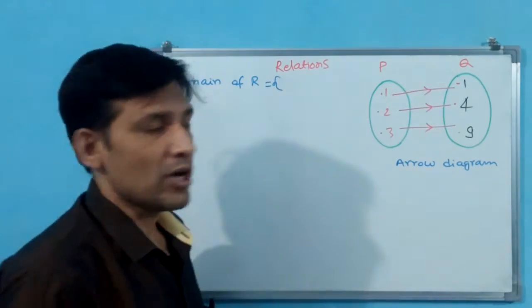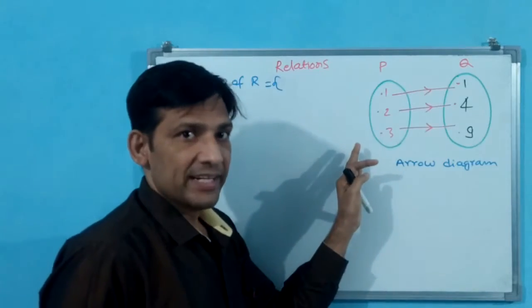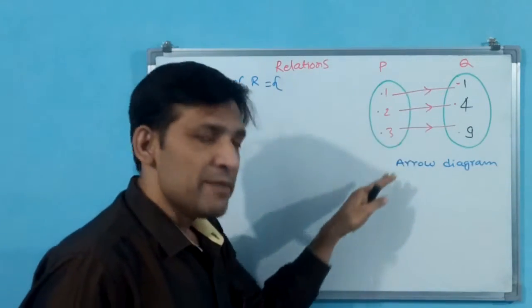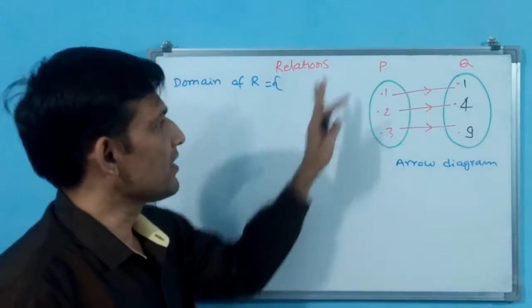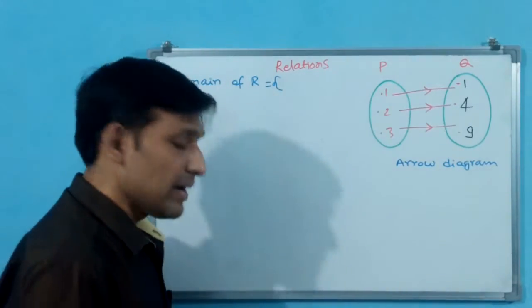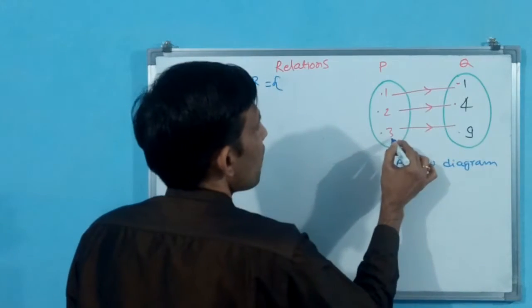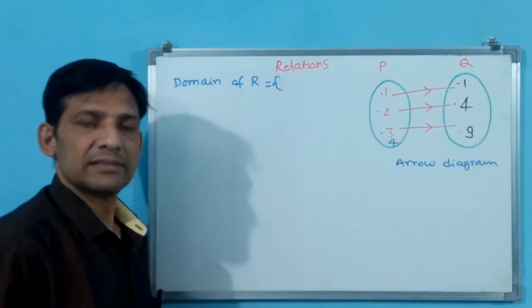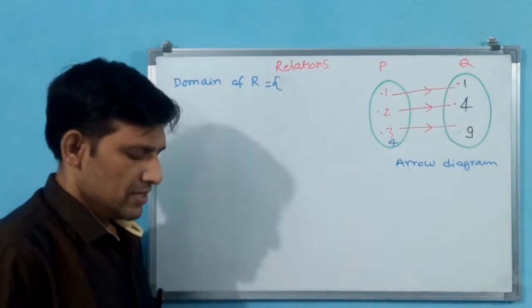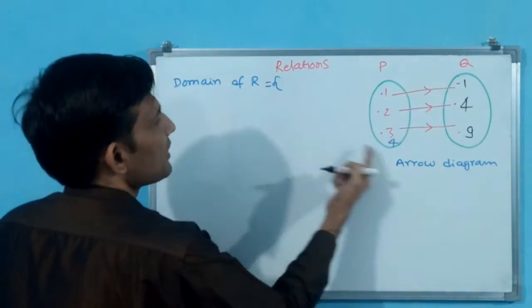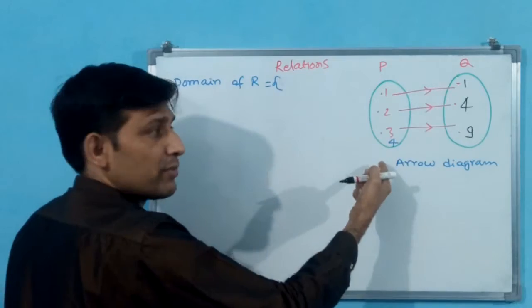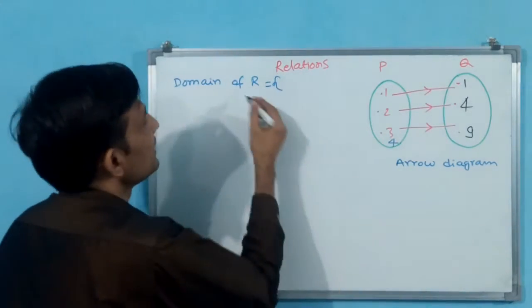Domain of R means you have to take the left side elements which are having a relation. You may say, sir, here all are having a relation, we can take all, but sometimes 4 also may be there. But you should not take 4 in the domain. 4 is there inside, but no relation is there outside.